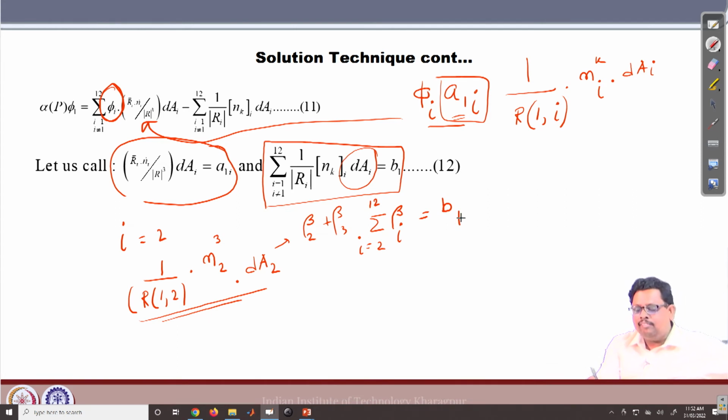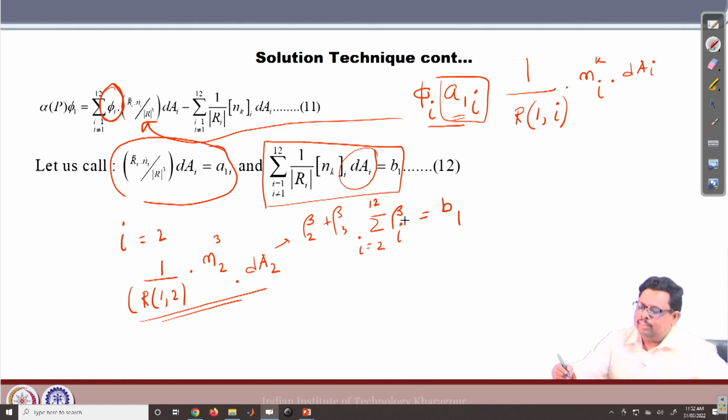Because I am doing this when I put my field point at the first panel. So, in all equations, when I put that field point into the first panel, everything is with respect to the first panel. So, that is why I called this as B 1.